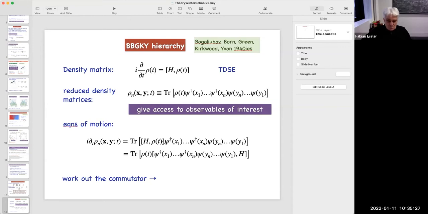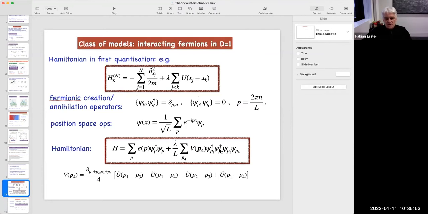So you get here dt rho, but that's just the commutator. You can write it like this. And then using cyclicity of the trace, you can rewrite this as the expectation value, so the trace over your time-dependent density matrix of the commutator of this product of creation annihilation operators with the Hamiltonian. And the Hamiltonian again was written here.